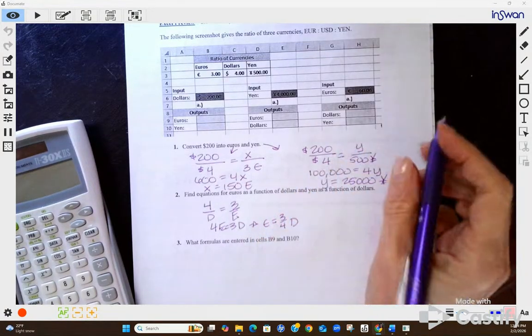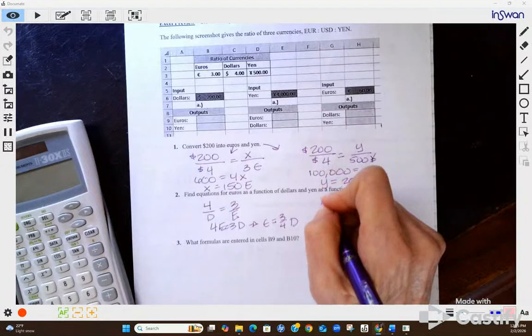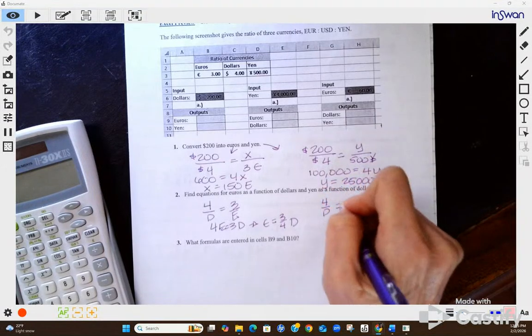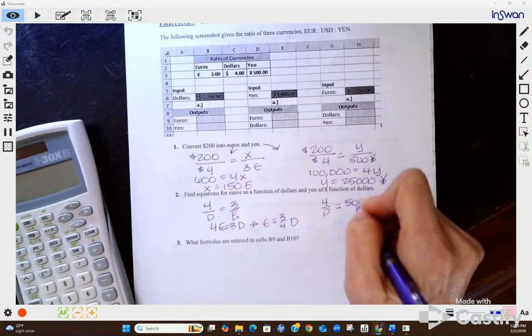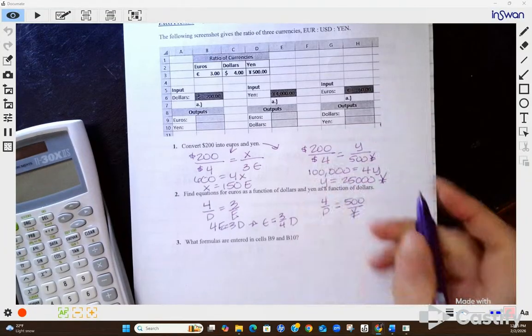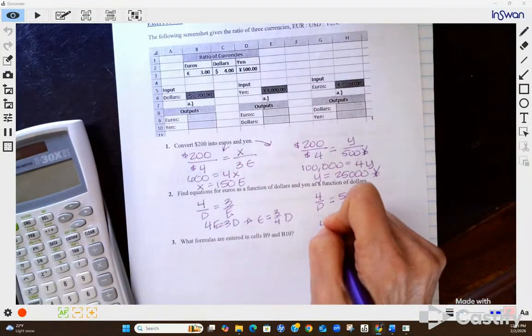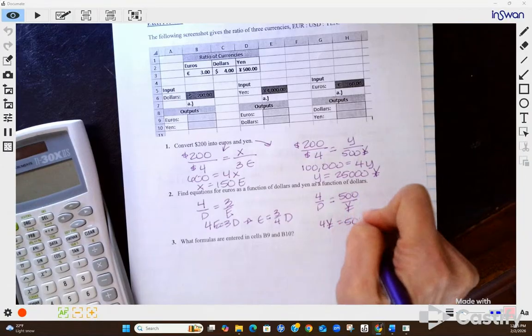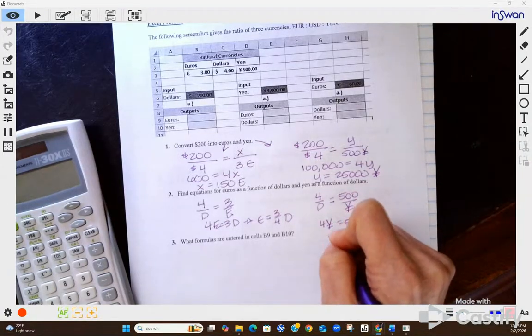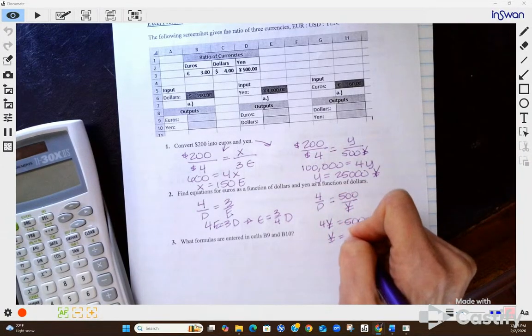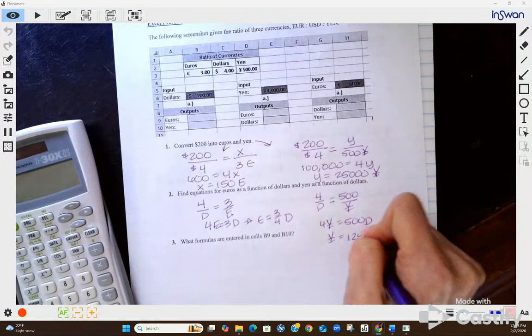If I do the same thing here, and I do 4 is to dollars as 500 is to yen from the conversion table, so 4 yen equals $500, so yen is 500 divided by 4 is 125.